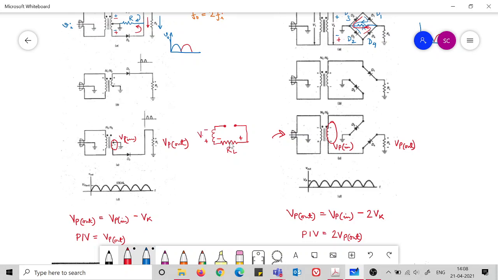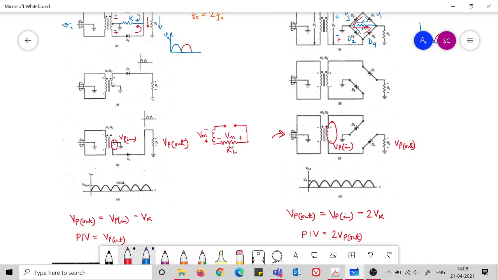So the maximum here is Vm, and when this is Vm, you try to understand what is the voltage across the load resistance. Here also we are getting Vm, and this voltage is coming across the load resistance. So the voltage across the load resistance is also Vm, the peak voltage in the secondary side. Okay. So what is the voltage appearing here?